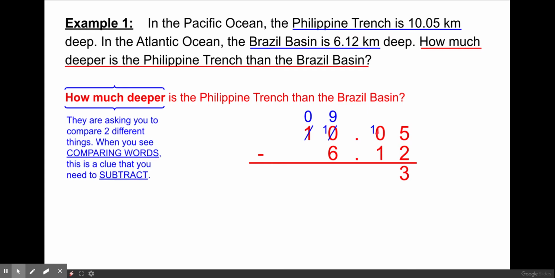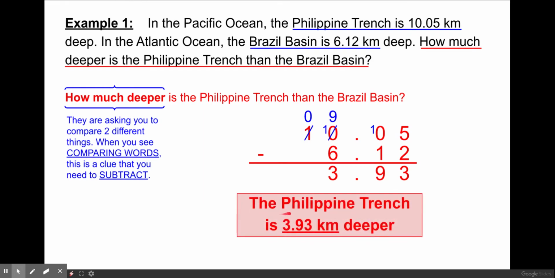We're going to add a 1 right there, which makes that 10. So 10 minus 1 is 9. Bring down the decimal. 9 minus 6 is 3. And 0 minus nothing is 0, so we don't have to write anything. 3.93. So our answer, what does this answer mean? Well, the answer is that the Philippine Trench is 3.93 kilometers deeper than the Brazil Basin.